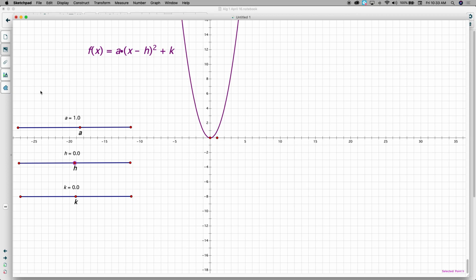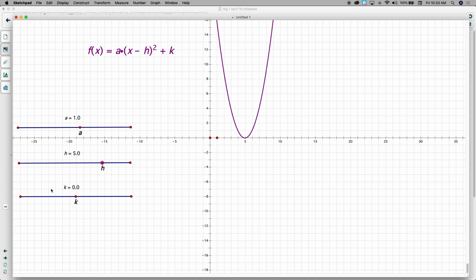Okay, so I'm going to take h, and I am going to slide it over here to the right. So that means I'm going to put in numbers like 1 and 2 and 3 and 4. So it's going to be a structure that looks like x minus 1, x minus 2, x minus 3, whatever. It moves it to the right.